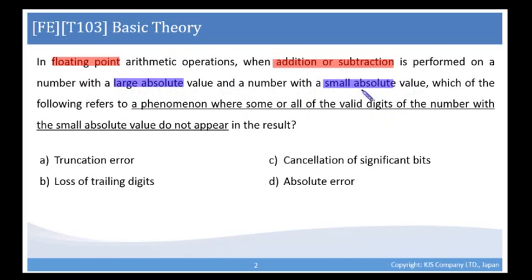Which of the following refers to the phenomenon where some or all of the valid digits of the number with the small absolute value does not appear in the result?